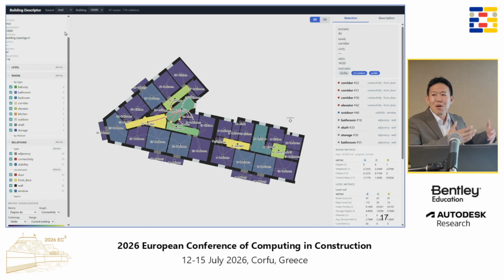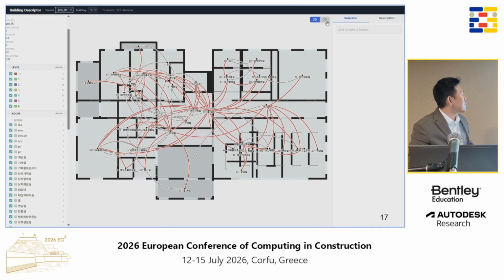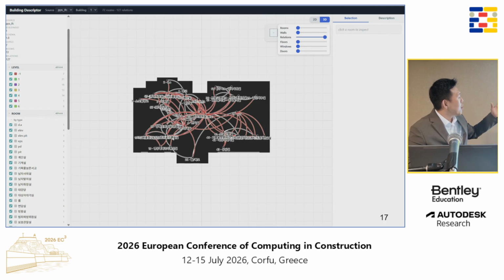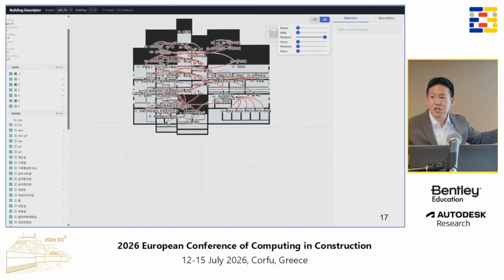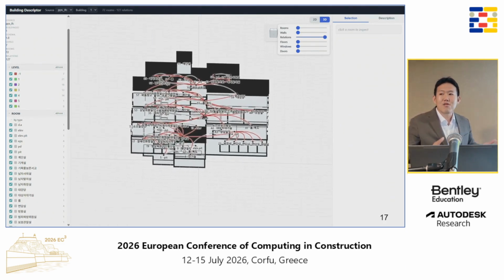So I'm trying to merge them to have a shared schema, not only in 2D, but I am also trying to include three-dimensional space layout, because that's really what we're missing.